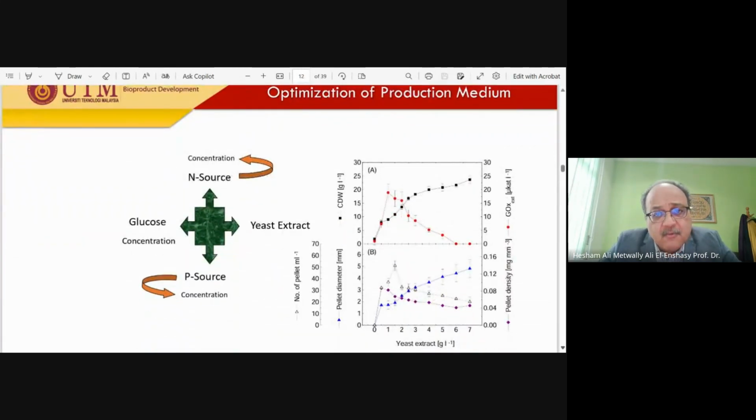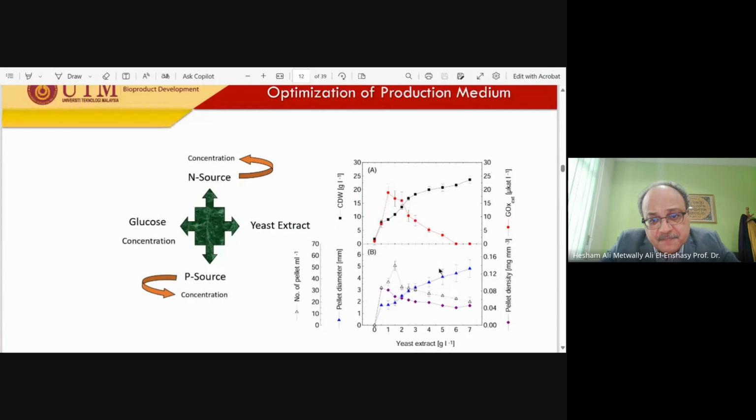Then, as I think everyone knows about this slide, you just need to optimize the production medium: different nitrogen sources, different glucose concentrations, different phosphate sources, and different yeast extract concentrations. We see that yeast extract is one of the main factors affecting the yield.